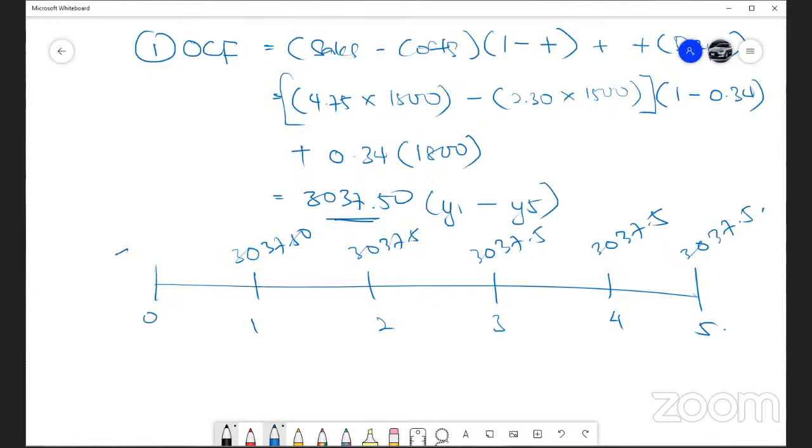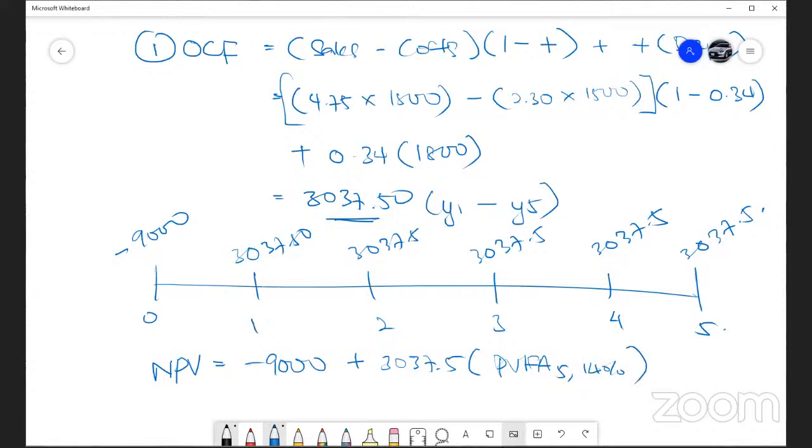Initial investment, $9,000. To calculate NPV, negative $9,000 plus 3037.5 annuity factor for the next 5 years at an interest rate of 14%. You can get your NPV.